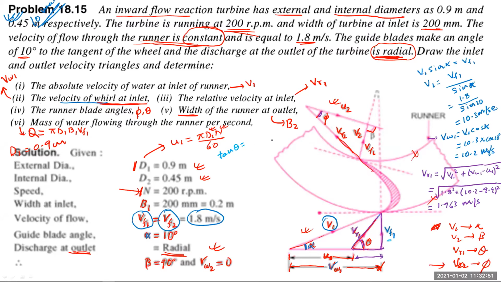All the parameters are known to you, so simply substitute those values. Vf1 is 1.8, Vw1 you have calculated here is 10.2, and u1 I think was 9.4. Substitute these values and you will get tan theta equals 66.67.